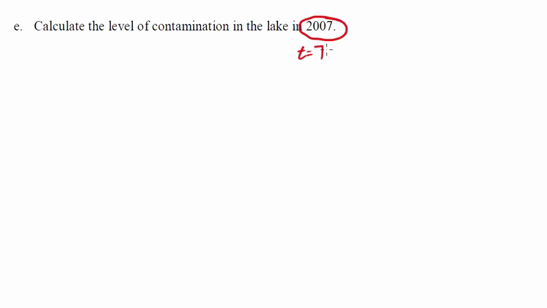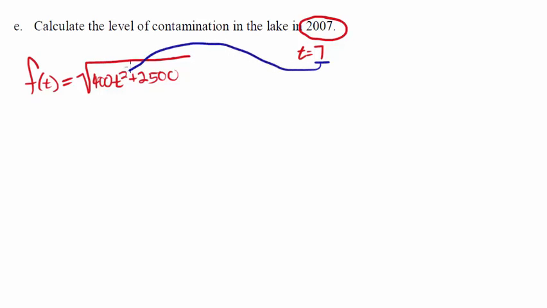We have already algebraically composed our function, and we have our function f of t, which is the square root of 400 t squared plus 2500. One way to do this, probably the most straightforward, is to take 7 and plug it in for t. Another way to think about this is that I could do this in 2 steps.